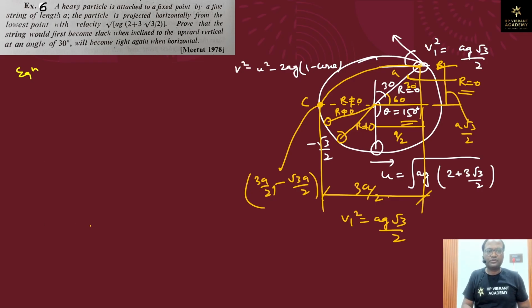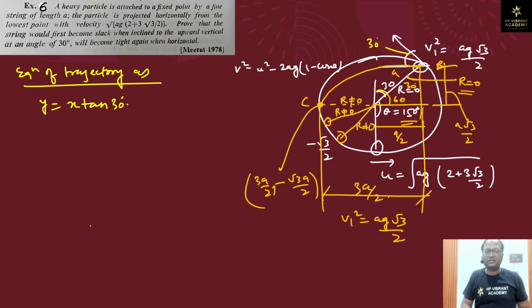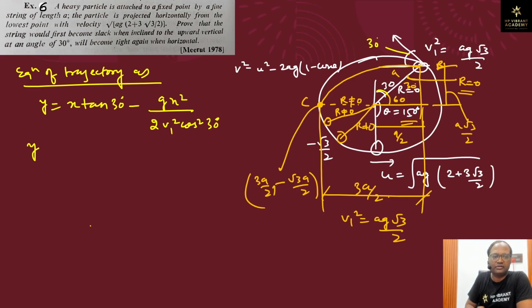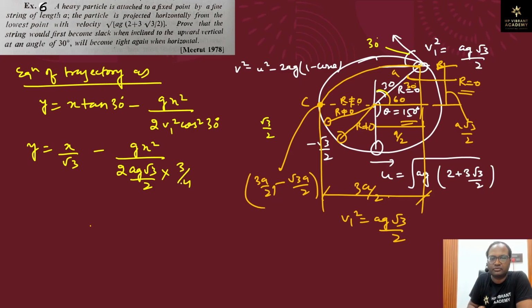So we have the equation of trajectory as y is equal to x tan 30 minus gx square upon 2 v1 square cos square 30 degrees. So y is equal to x upon root 3 minus gx square upon 2 times v1 square, that is 2 ag root 3 upon 2, times cos 30, which is root 3 upon 2, whole square, so 3 upon 4.